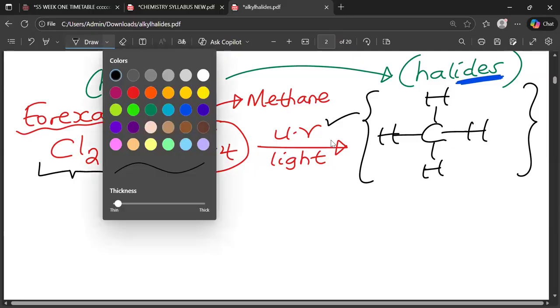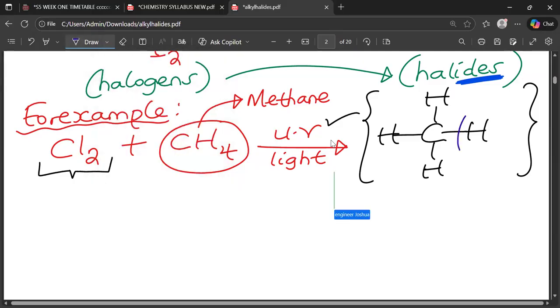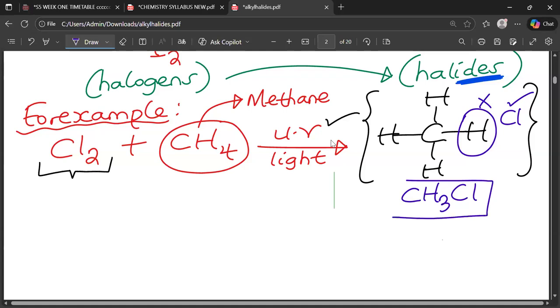So when chlorine comes in place, one of the hydrogens is replaced by the Cl. I remember telling you that. So this one takes over. And when you condense everything, you come up with this structure CH3Cl. This is the product you form. Hope people recall that. Okay?